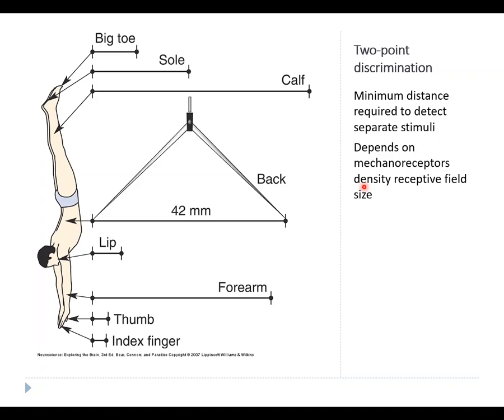Now, why, you might wonder, would there be different degrees of 2-point discrimination at different points? It reflects mostly the way we use these parts of the body. So the thumb and the index finger and the skin on the hand is used to feel surfaces. We use those parts of the body as sensory receptors to detect objects and feel textures and to use tools and so on.